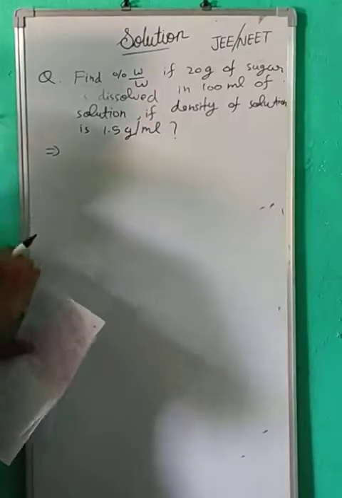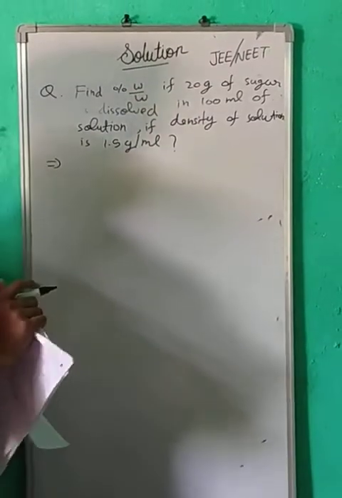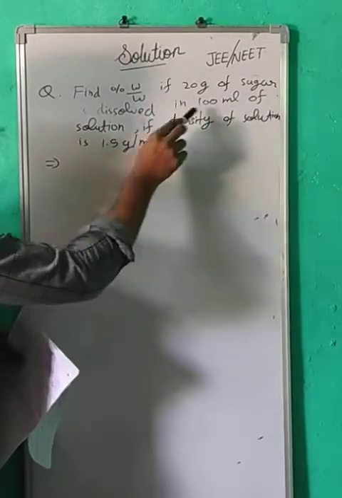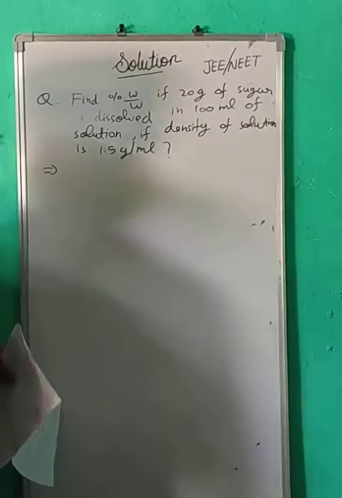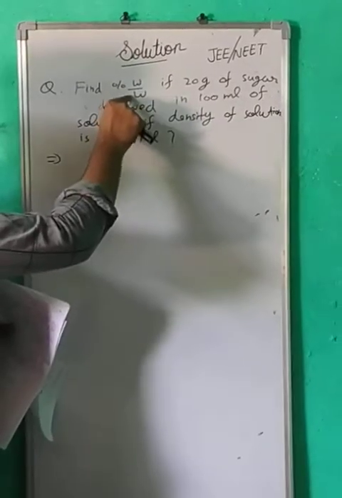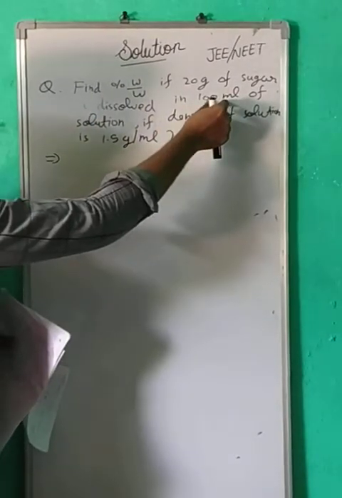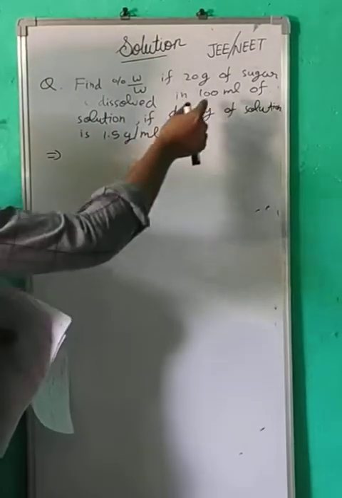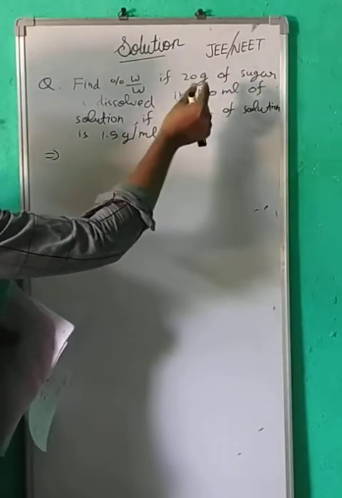Look at this question now. Find percentage weight by weight if 20 gram of sugar is dissolved in 100 ml of solution. If density is given, listen to me carefully, you have to find percentage weight by weight and here volume is given. You cannot write directly 20 upon 100 into 100 because here we have 100 ml, not 100 gram.